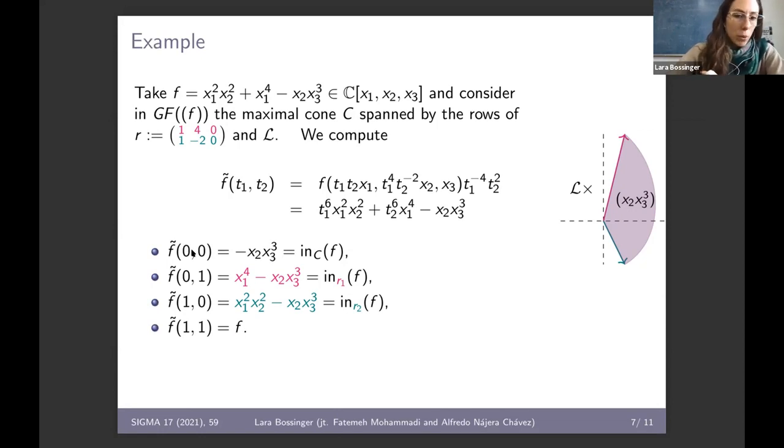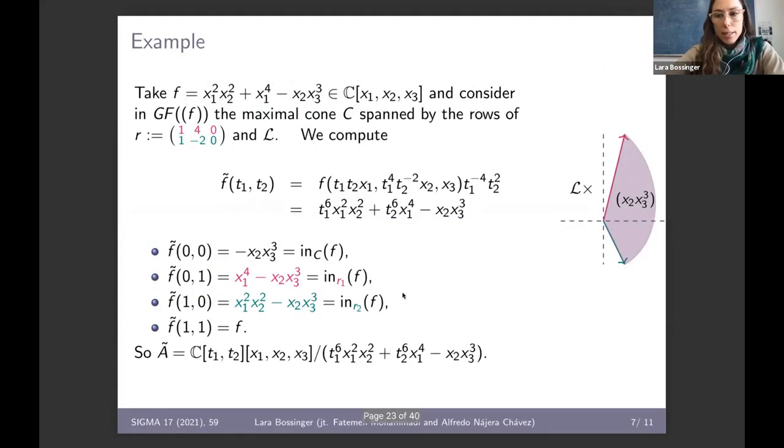If I evaluate both t's to 0, I'm left with simply the initial monomial corresponding to this maximal cone. And if I evaluate at (0, 1) or (1, 0) respectively, I get the initial form of the two rays. So in this case, the lifted algebra is simply the quotient of the polynomial ring in t's and x's by this f tilde polynomial.